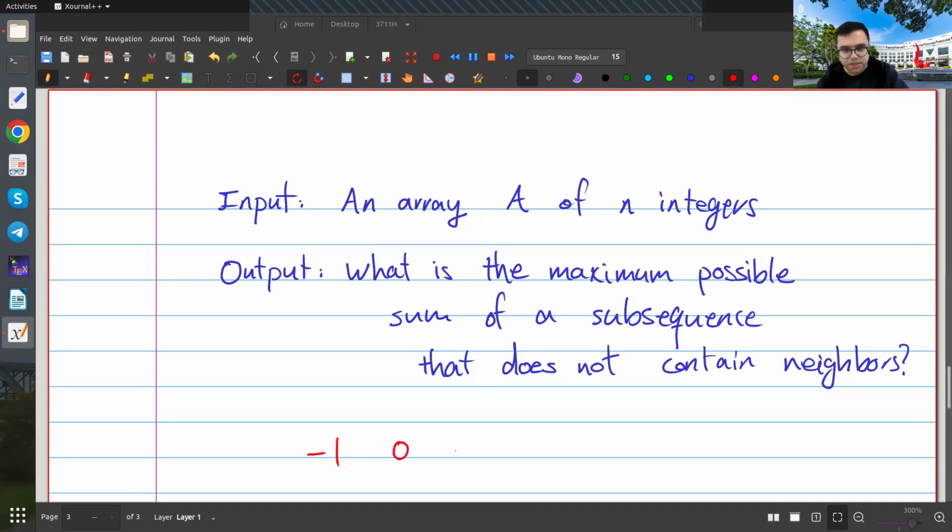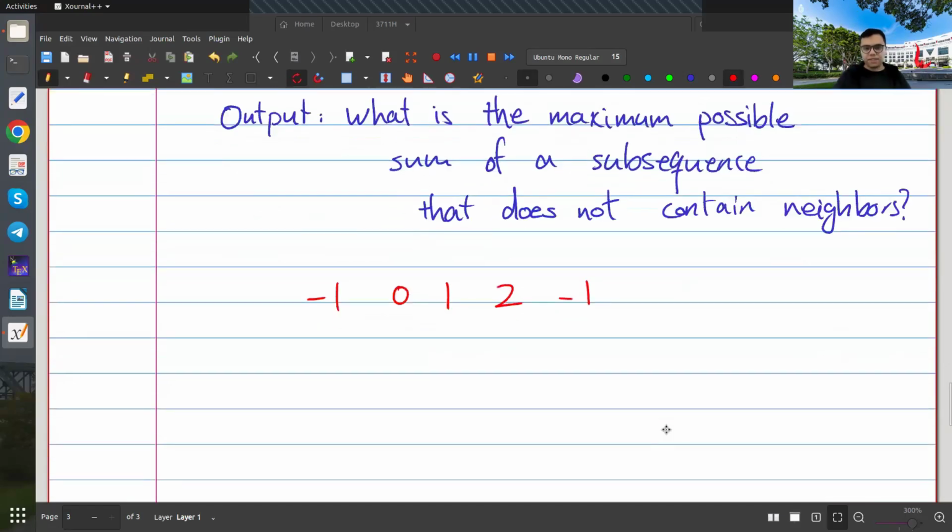So let's say 0, 1, 1, 2, -1, something like this. So if I have this input, I can take, for example, 0 and 2, and that would give me a sum of 2, right? But I cannot take 1 and 2 because these two are neighbors. So I cannot get a sum of 3. Here I can get a sum of 2, but I cannot get a sum of 3. So in this case, the answer would be 2.